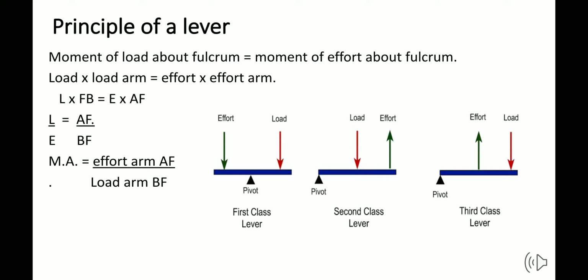Okay? So here you can see effort is a green arrow, load is a red arrow, and the pivot is showing the fulcrum. So the first class lever will be when the fulcrum lies between effort and load.